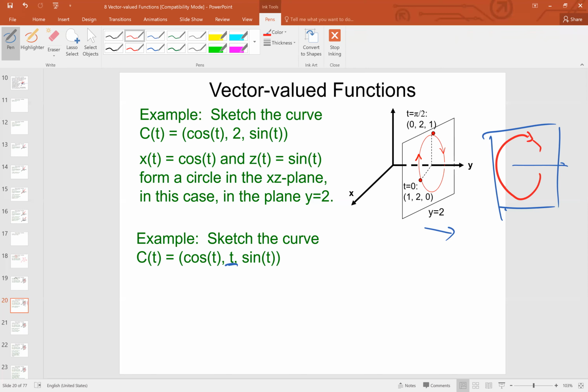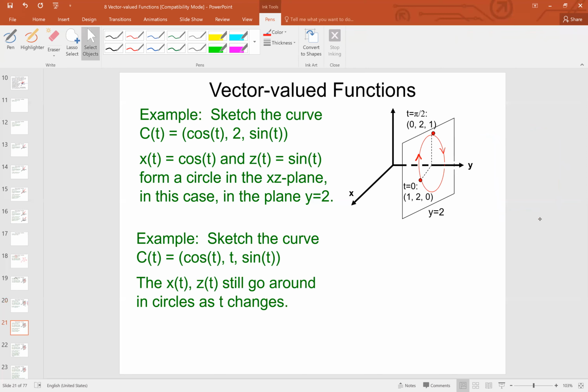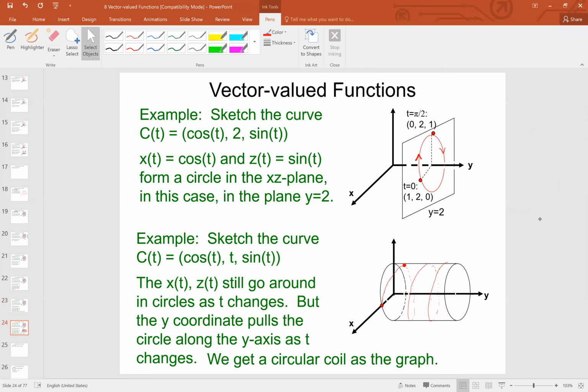It's still circling around on that particular screen. So y equal to t. Since the screen is moving continuously, the point actually travels through space, and as it travels, it spirals on the cylinder with radius 1.